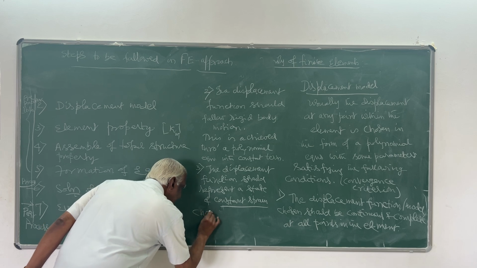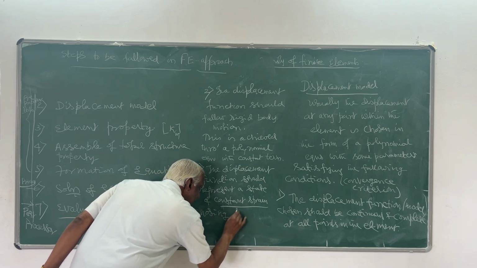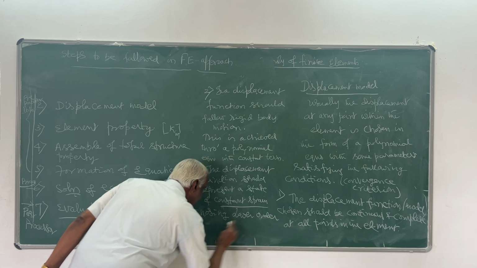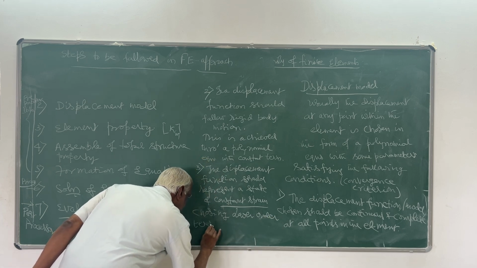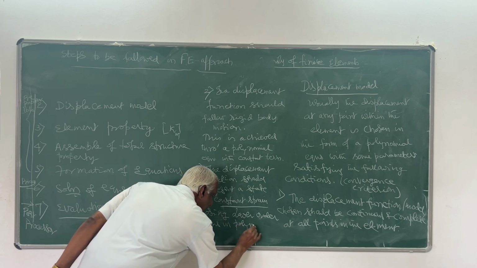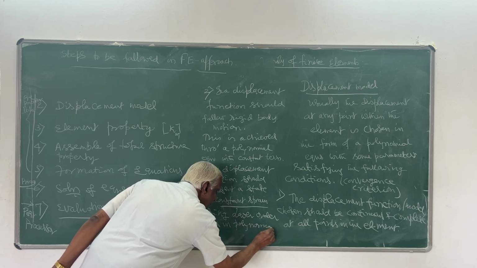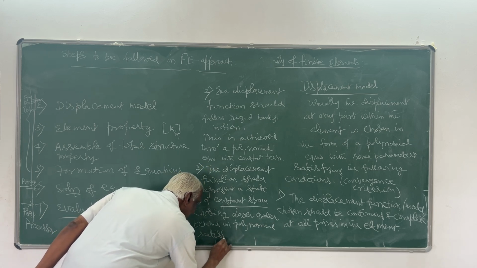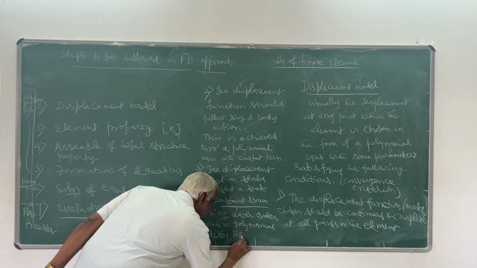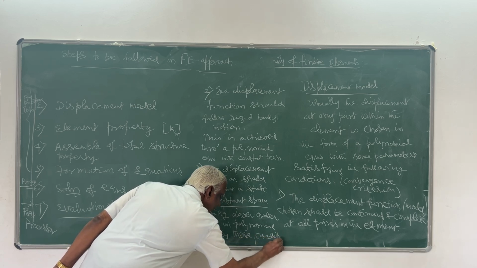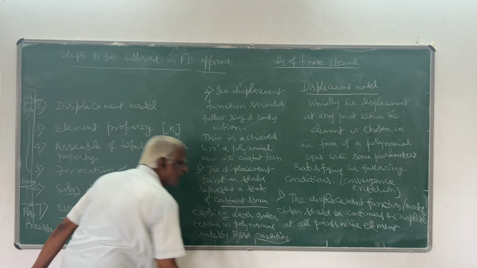Choosing lower order terms in the polynomial satisfies these conditions, that is, the state of constant strain.